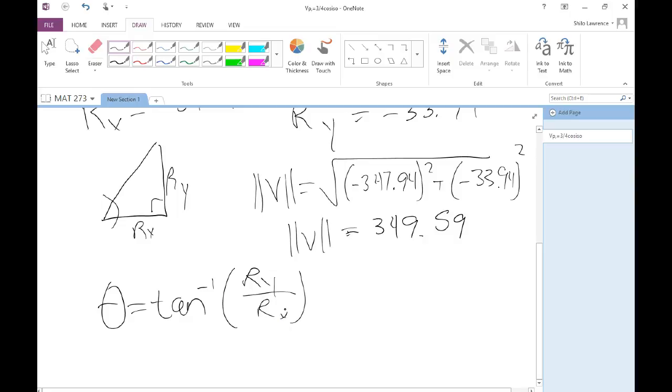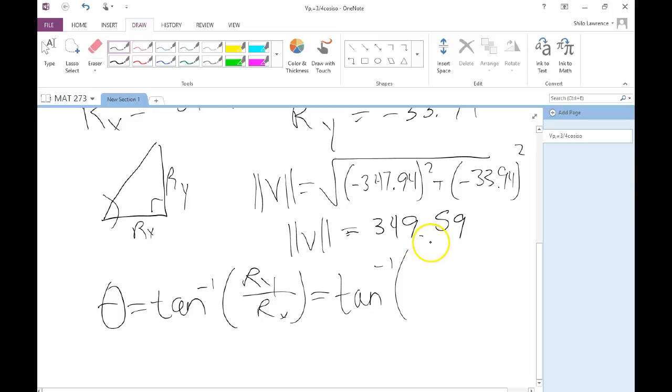But our calculator does not always give us the answer we want back when we do inverse trig. Sometimes we have to take that angle and move it into the correct quadrant. We know, because our components are both negative, that our answer should be in quadrant 3. And depending on how they want us to answer this question, we might have to adjust what the calculator tells us.